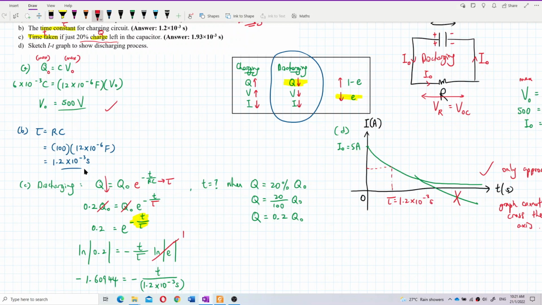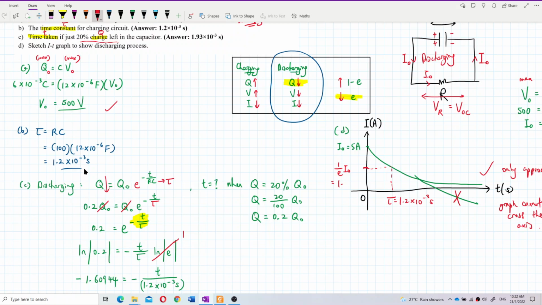This is the time when the current becomes 1 over e of the initial value, which is 5 divided by e.